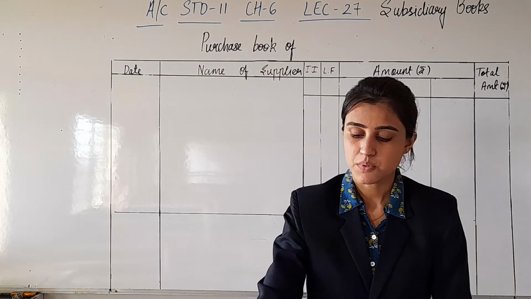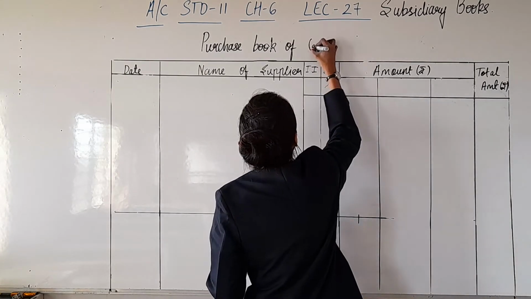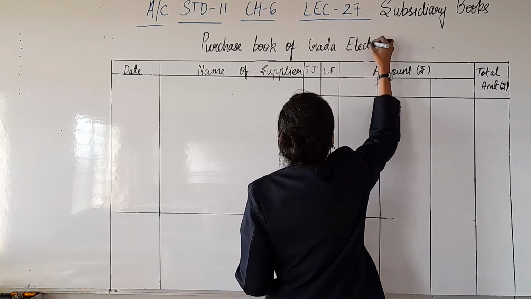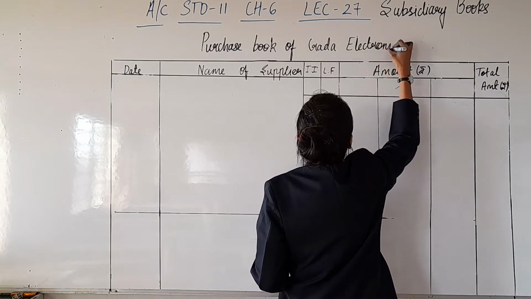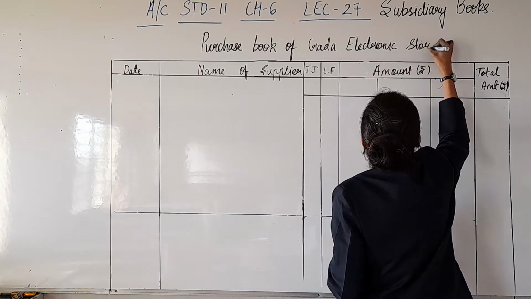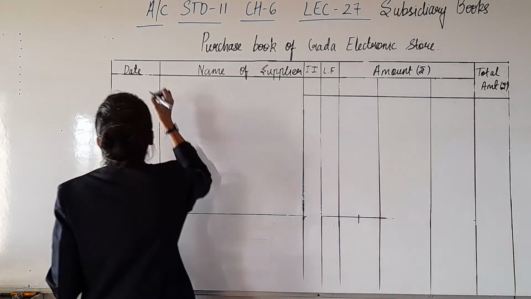So firstly, let me write down the name of the owner, purchase book of Gada Electronic store. Sum number 5.